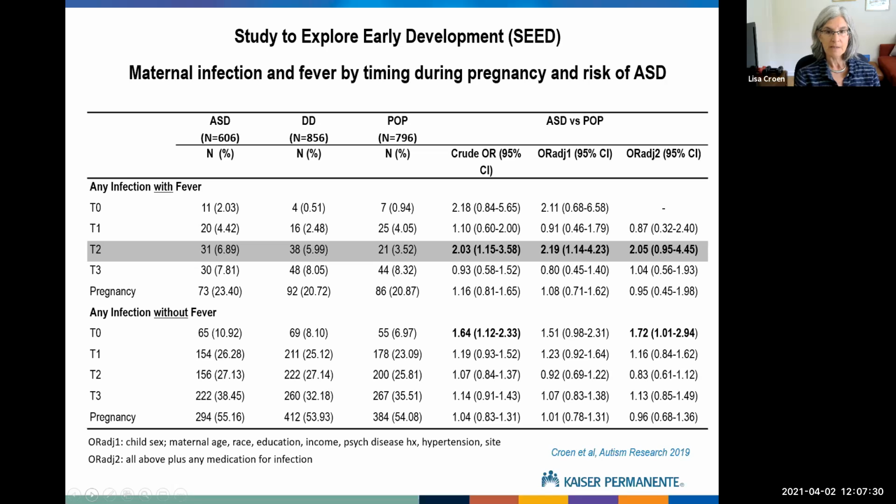This has been reported by at least 2 or 3 other groups using different data sets. This finding of second trimester fever increasing risk for autism led to our conclusion from this study that it's the immune response to an infection, and not a particular infection per se, that is elevating risk.